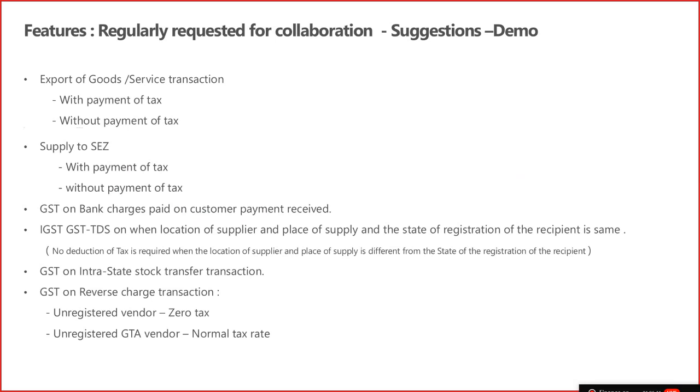We are also looking to provide an exempt checkbox at the header level, so that once you mark it, all the lines will be exempt, and in that case the system will not calculate CGST and SGST. By default, if you have not marked exempt, then the system will calculate CGST even for intra-state transactions. Then GST on reverse charge for unregistered, and there again you have to use the configuration properly to calculate the tax accordingly.